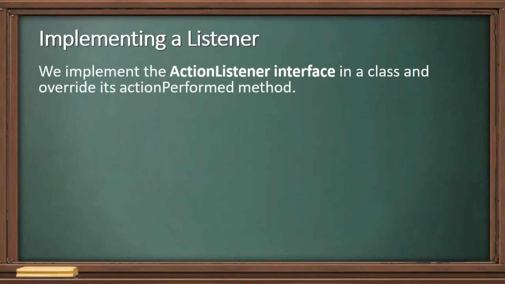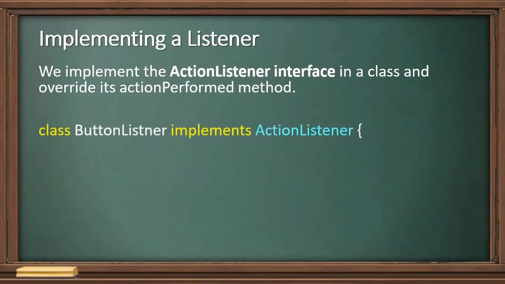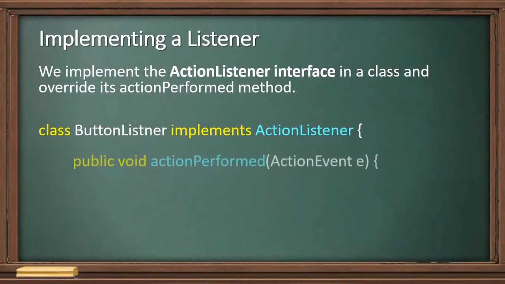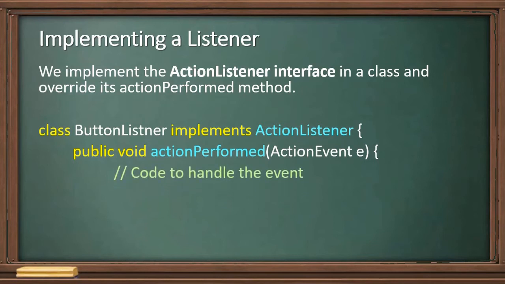Now let's look at how to perform this in action. So let's take a class. You can give any name to this particular class. I have given the name ButtonListener that implements the ActionListener. And there is one method inside this, and that method is actionPerformed.